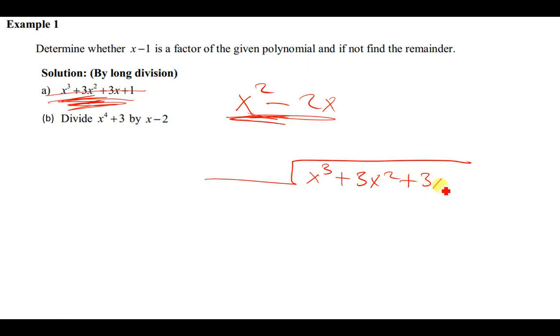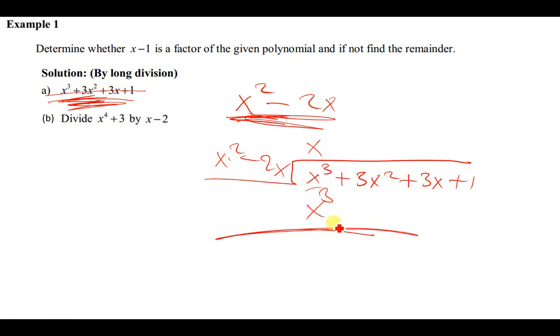Then you put your function there, which is x squared minus 2x, then you begin to divide x squared into that, you get x as your answer. X times that, you get x to the power 3. So long division can work if you want to divide such a function.